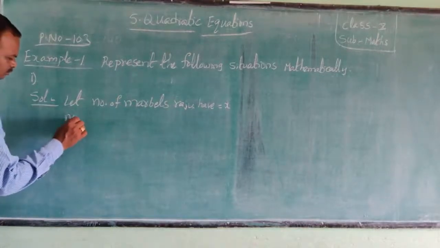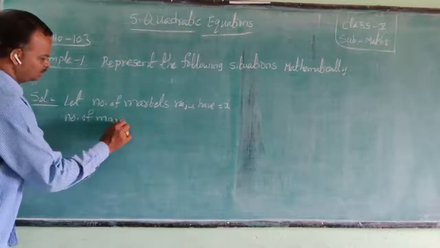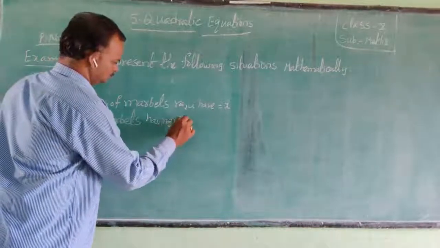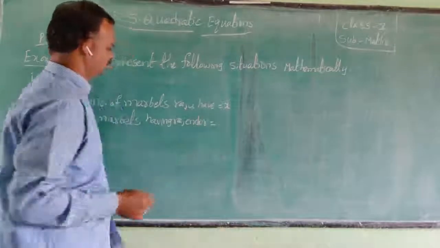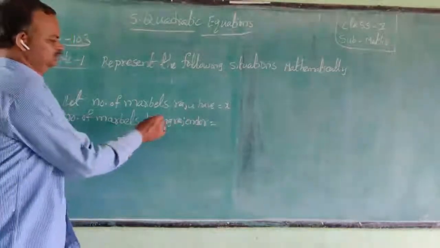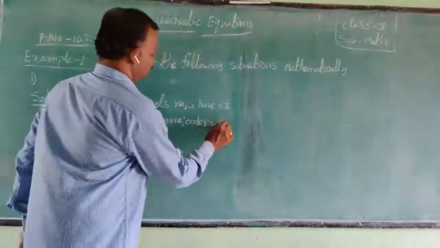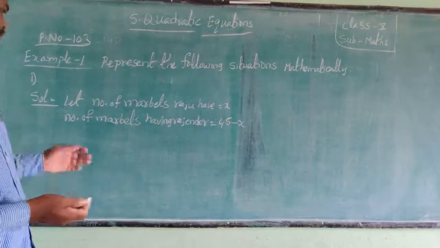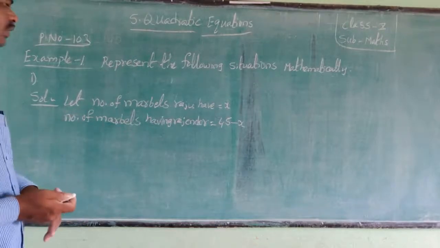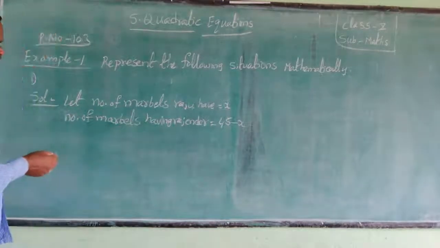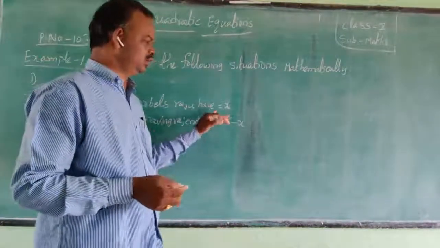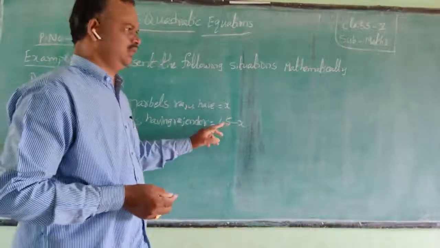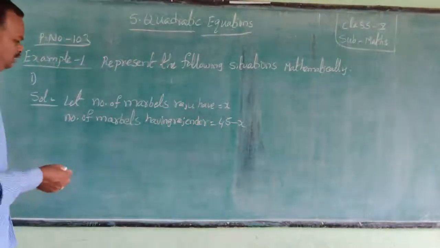So the number of marbles Rajendra has is equal to 45 minus X. Here we are adding these two values, plus X minus X cancel. So 45 is remaining.